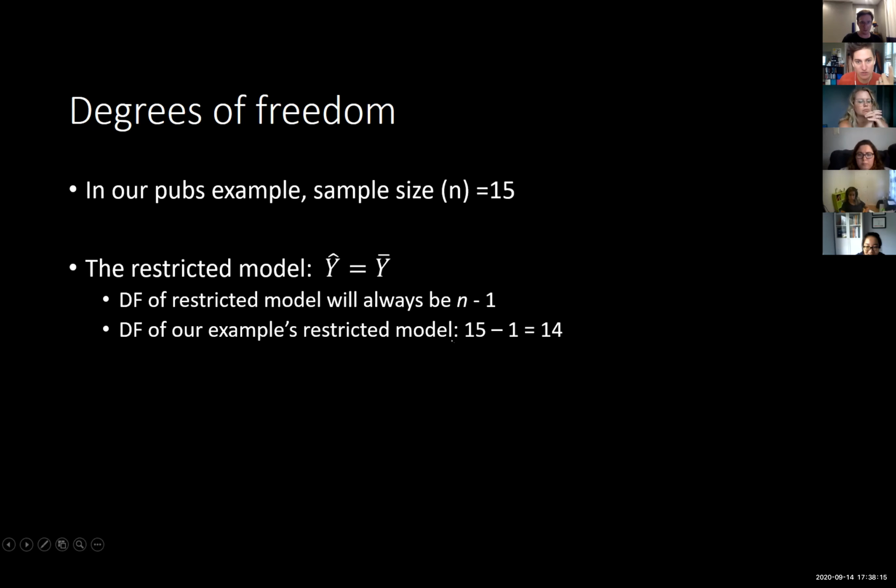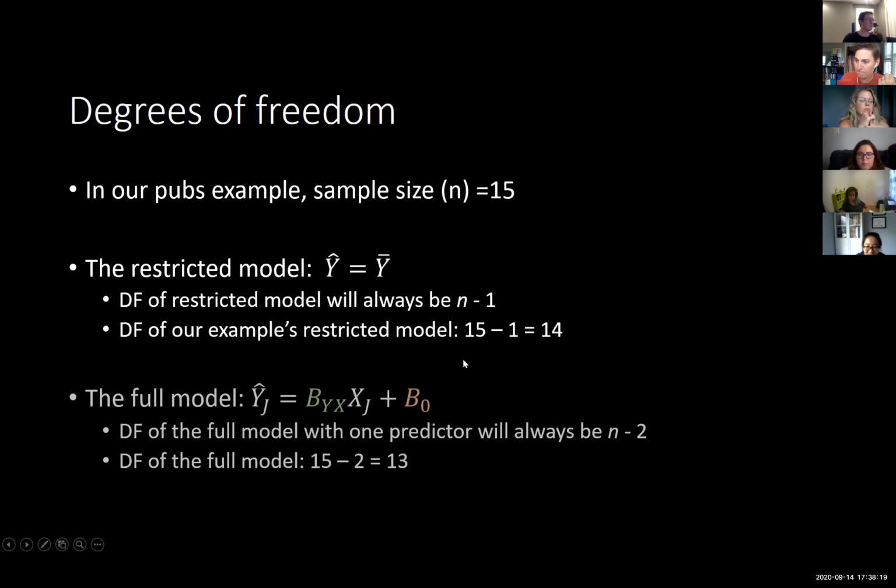So for our restricted model, the degrees of freedom is 14. And for the full model, in this instance where we have one predictor, it will always be n minus 2, because we're estimating a coefficient to associate x with our y and our y-intercept. So that's two coefficients. So the degrees of freedom for this model is 13.